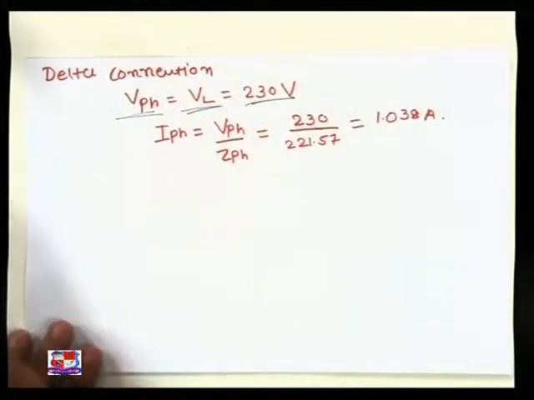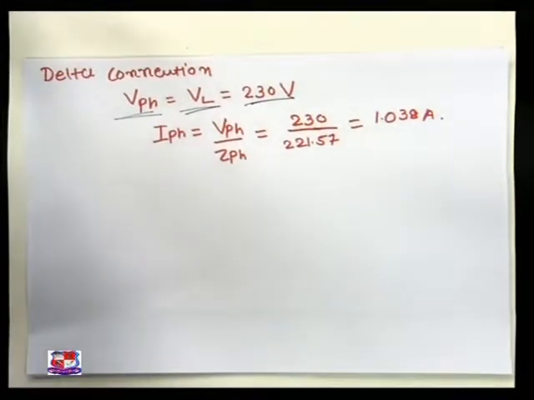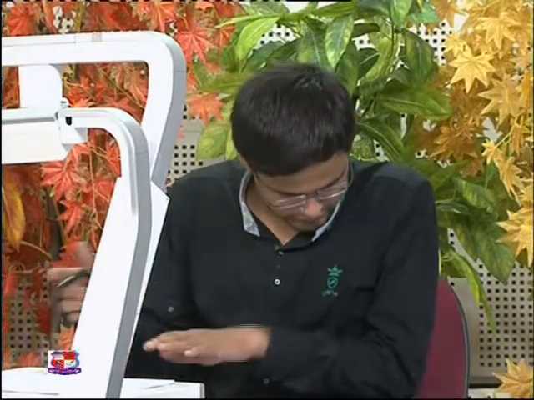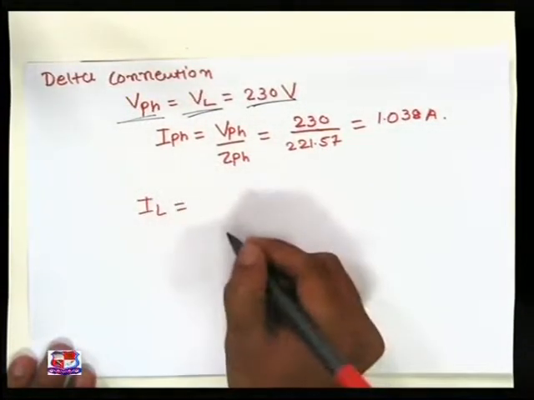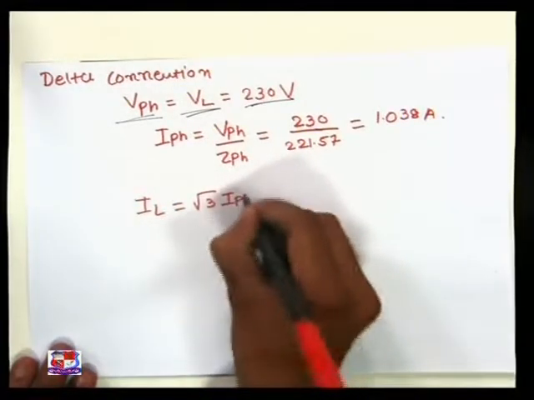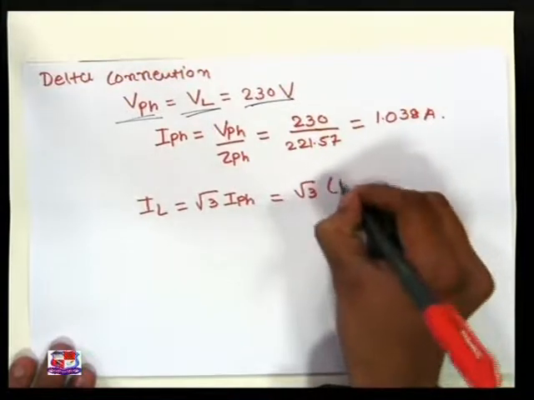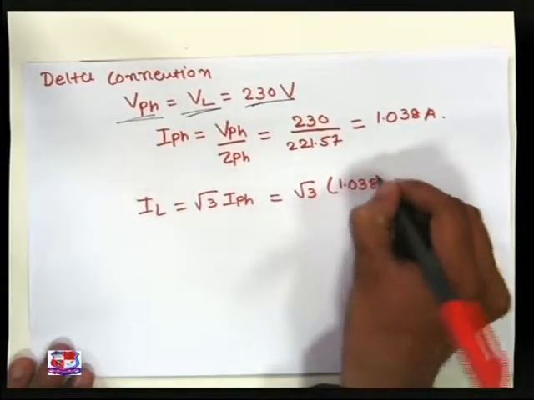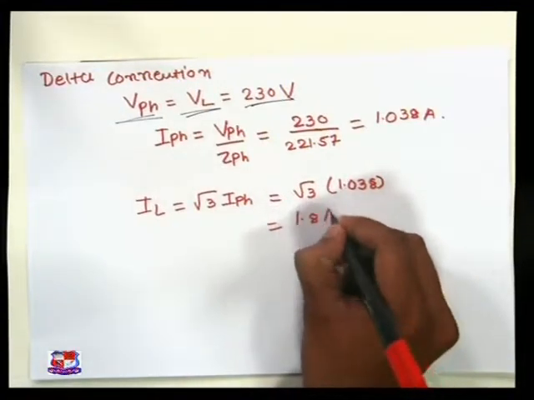It is very important, the difference between the star connection and our delta connection. So the IL, our line current, is equal to root 3 into I phase. So the value of root 3 into 1.038, you get the value of 1.8 ampere.